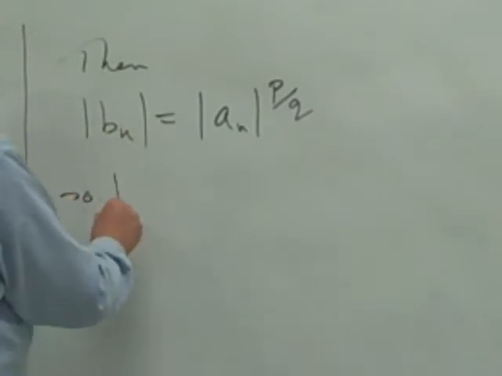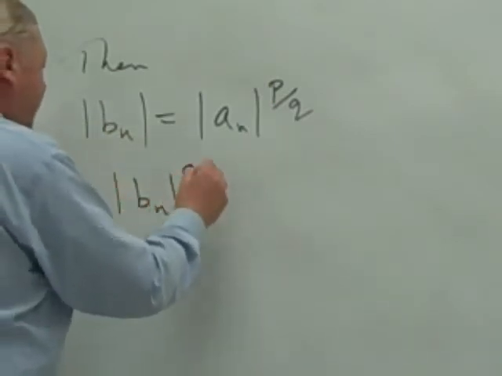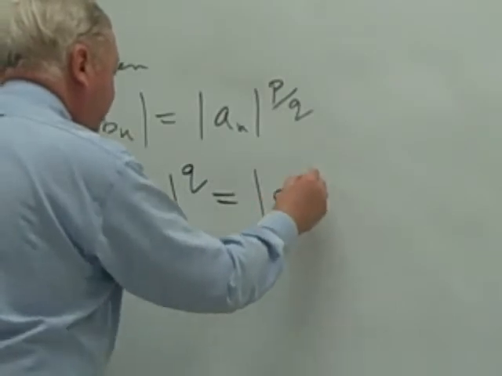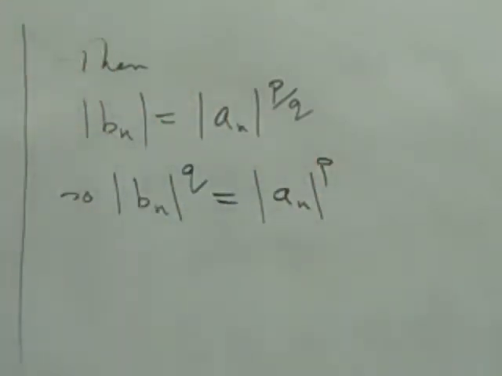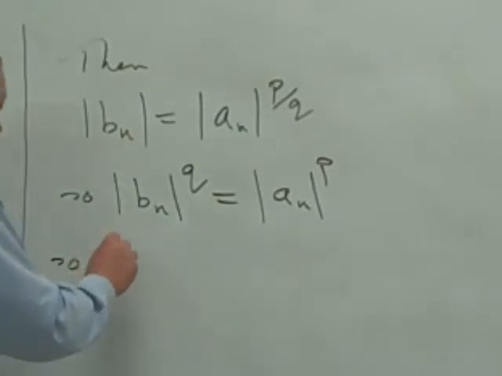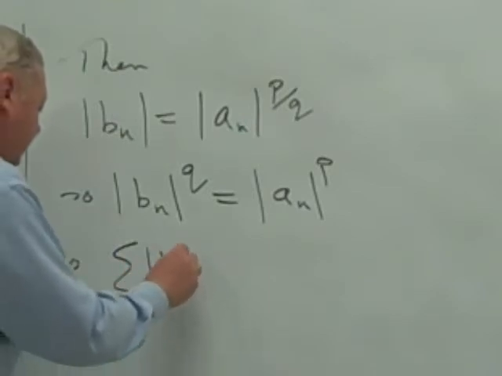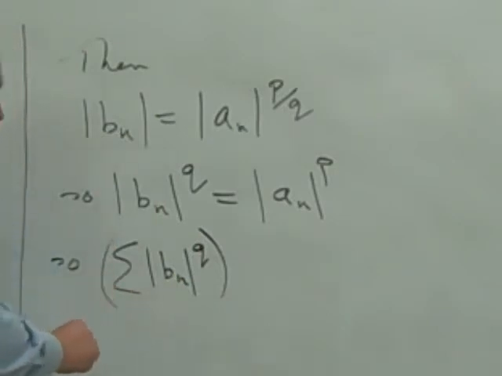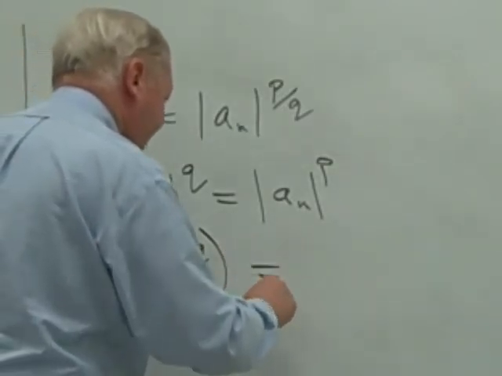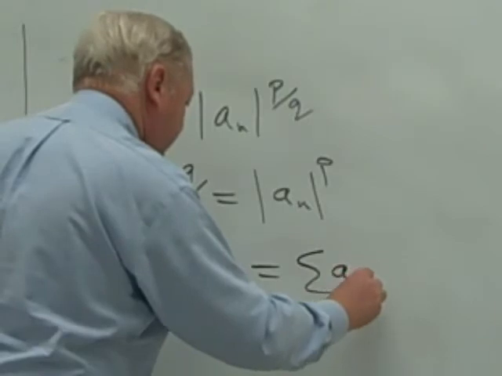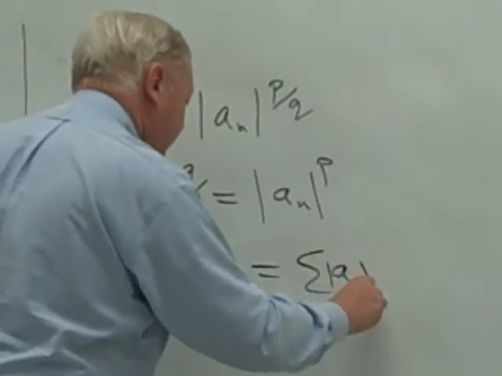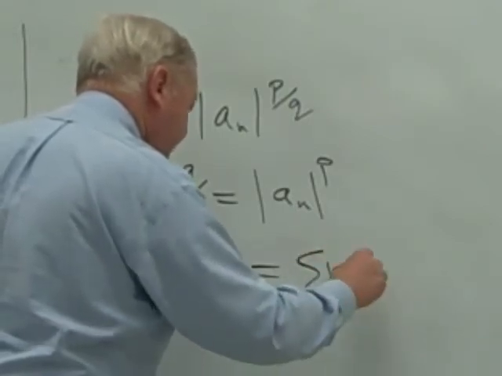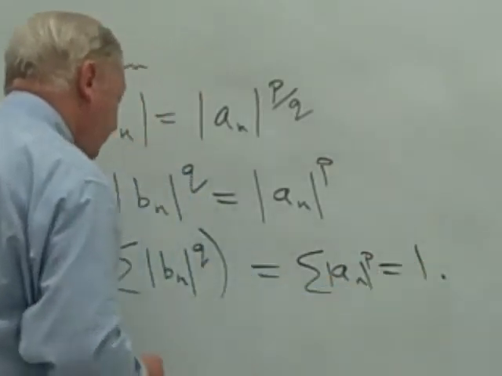So when I raise both sides to the q power, I get absolute value of a_n to the p. And when I sum, I get this.